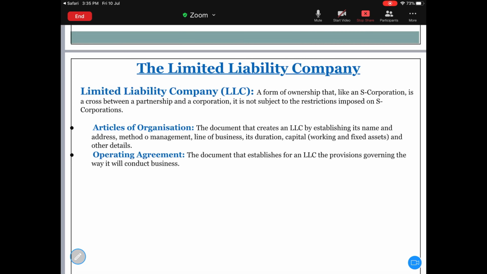Then we talk about the operating agreement, the document that establishes for an LLC the provisions governing the way it will conduct business. Operating agreement means that the positions of managers, directors, and other staff are to be made clear. The line of business should be made clear.